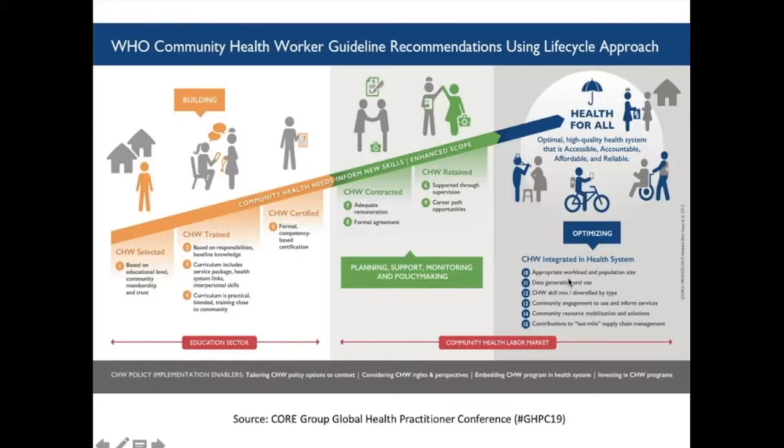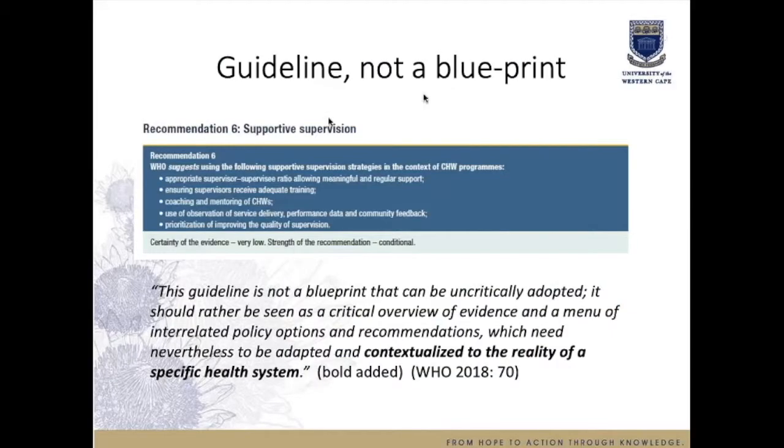And for each of these 15 different elements, the guideline proposes a set of key priority recommendations presented in an incredibly accessible format. And here's an example that I've extracted specifically on supportive supervision.